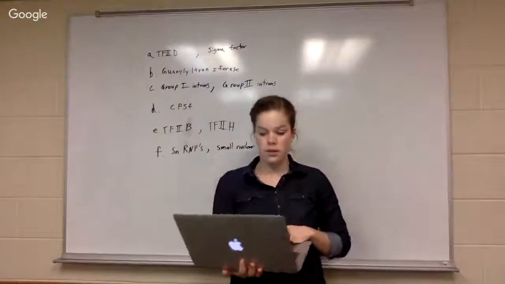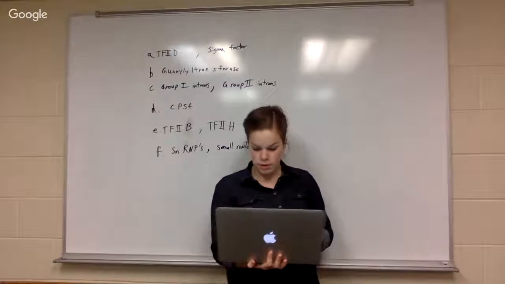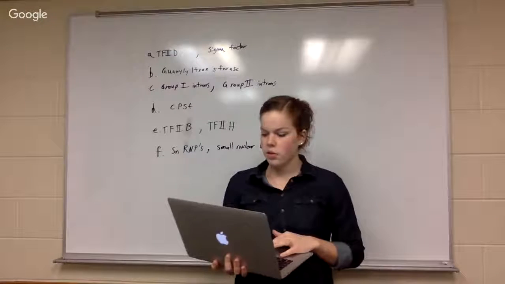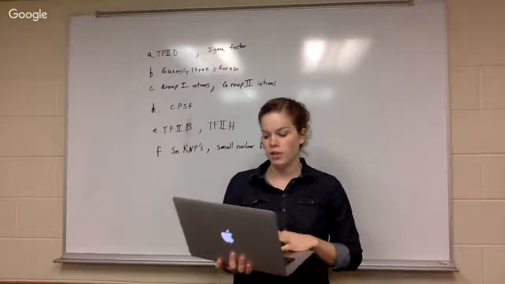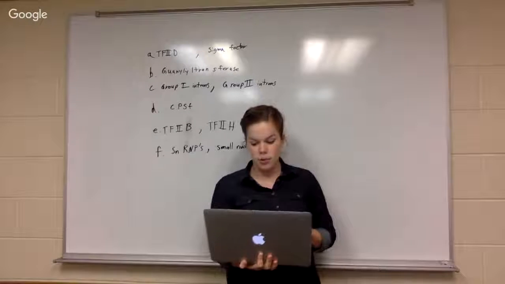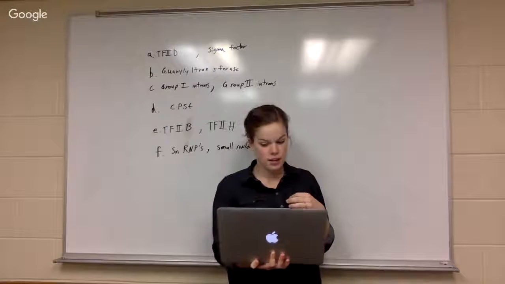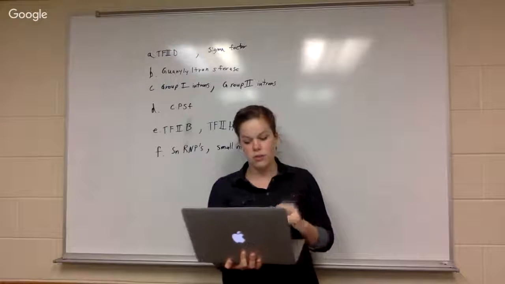I'm Hadley Pinder, and I'll be doing problem 3. It says this question concerns the proteins involved in transcription and RNA modification. Part A, indicate 2 proteins in either prokaryotes or eukaryotes that act as a helicase to separate 2 DNA strands during transcription.